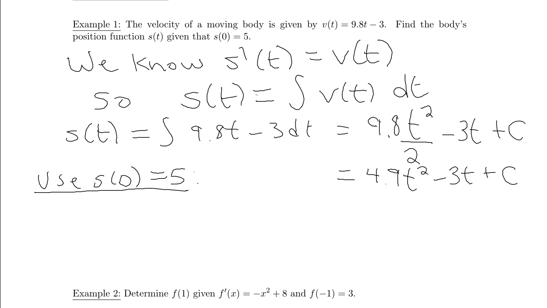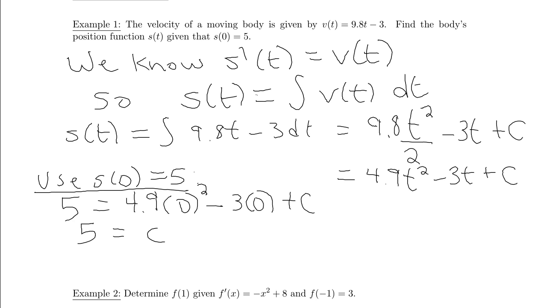So keep in mind, 0 is my value of t, and 5 is like what would normally be your y value, but in this case it's your s value. So you have 5 is equal to 4.9 times 0 squared minus 3 times 0 plus c. So solving for c, you get that c is the constant 5.